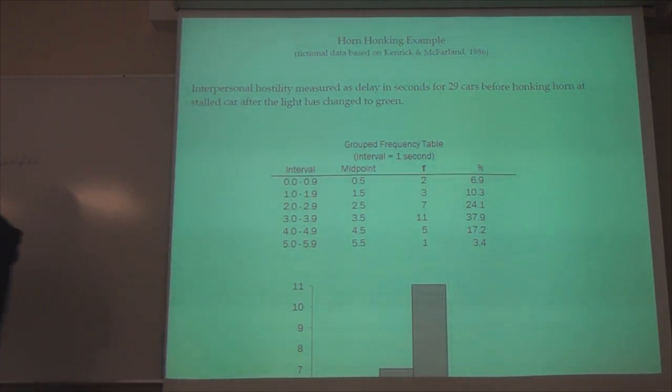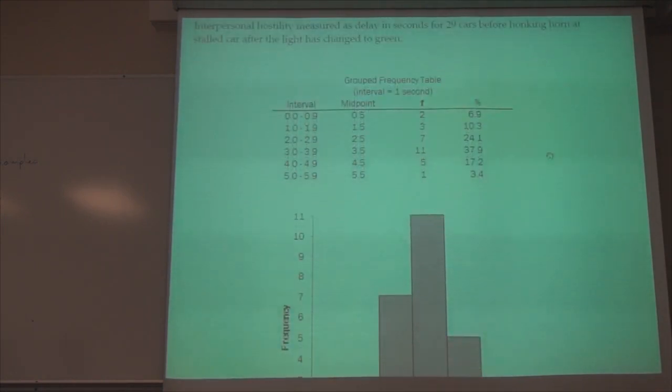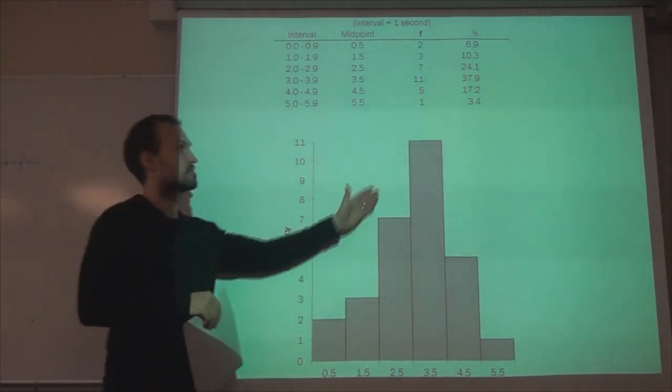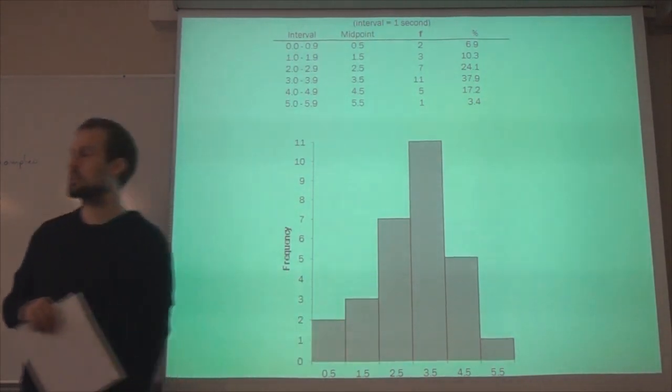And later on the tests are all about how confident are we that my 29 people that I surveyed represent the whole population. And can I conclude that, oh, here I see, between 3 and 4 seconds occurred more often. Can I then go and say, oh, people in Canada would react in the same way?